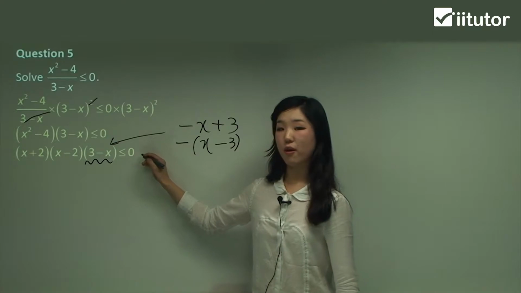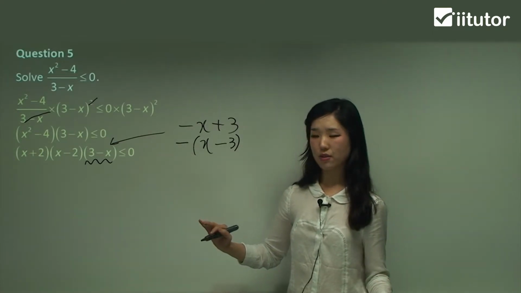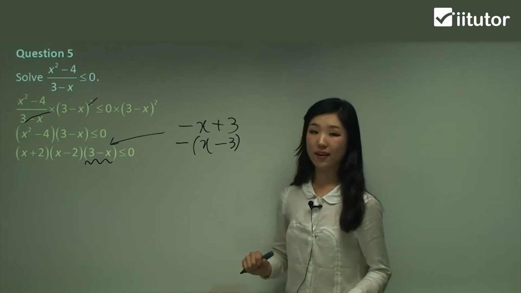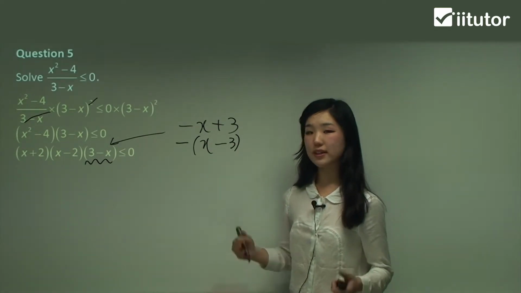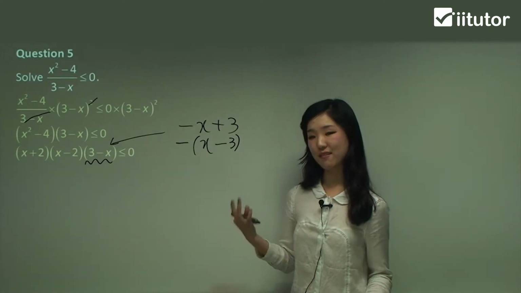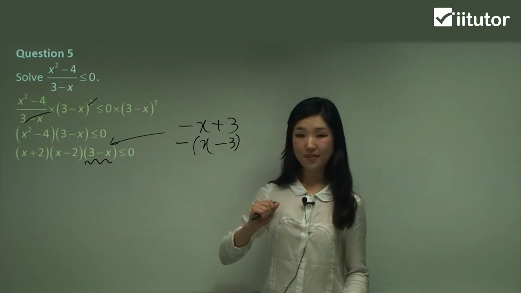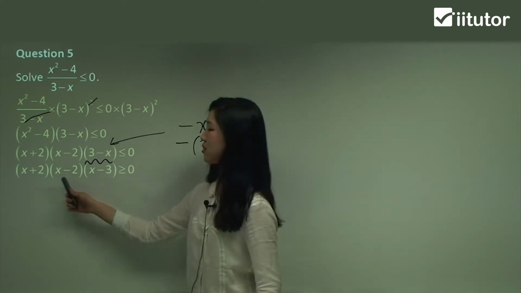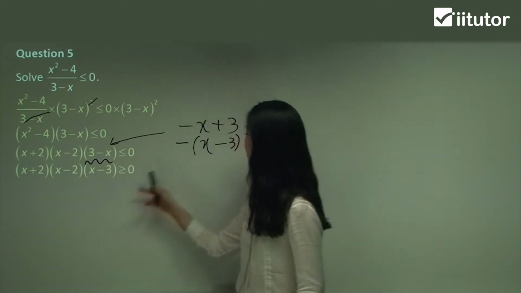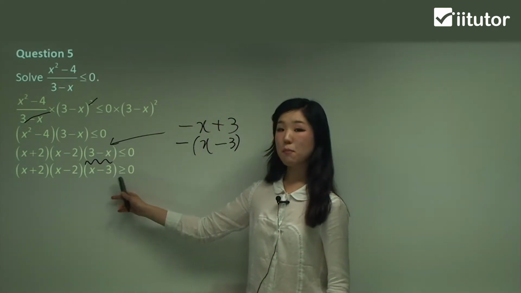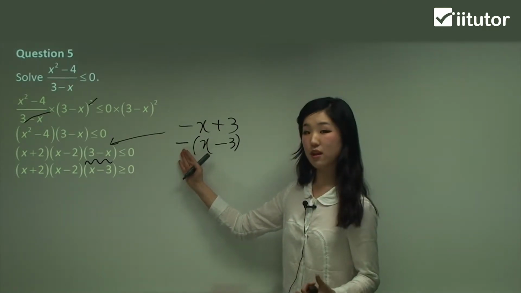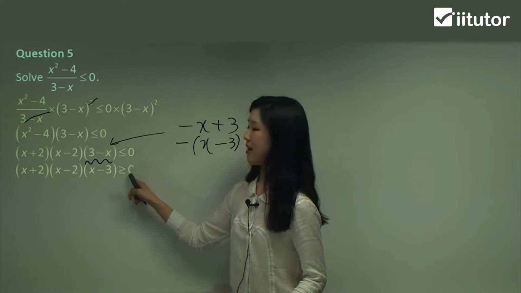If I change that into something that looks like this, and then because this side is 0, I'll divide both sides, or you can think of it as multiplying both sides by negative 1. Remember, if I divide or multiply by a negative number, we switch the sign. So what I'll have is (x plus 2)(x minus 2)(x minus 3), but because we multiplied or divided by negative 1, we're going to flip the sign.